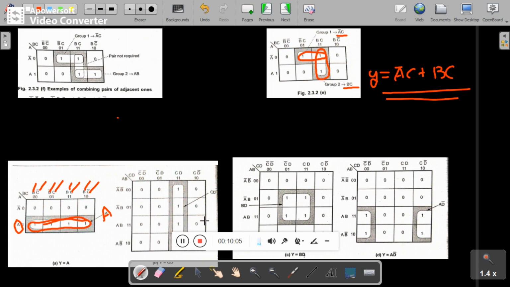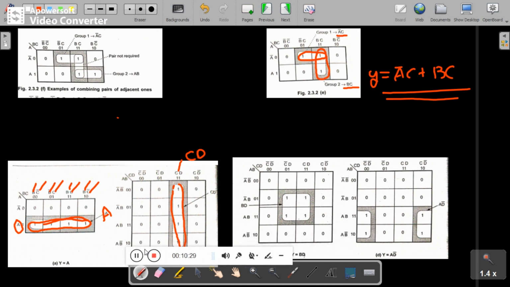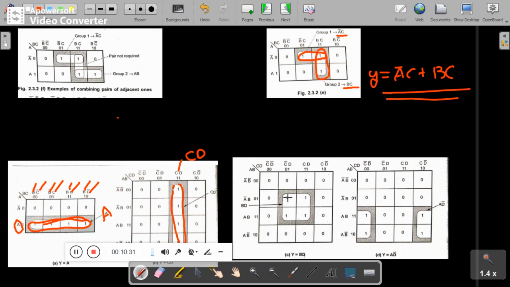So you can see here one more group. Like this also grouping is possible, and the answer for this group is, vertically all the variables get negated, and horizontally at the top side the answer for this column is CD. Similarly, you can see other grouping also here. Suppose if it is like this, you can group because these are all adjacent ones.